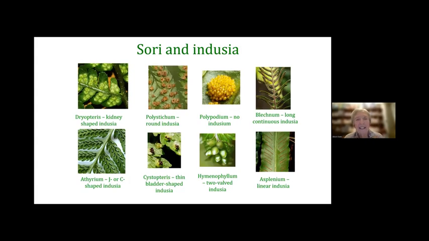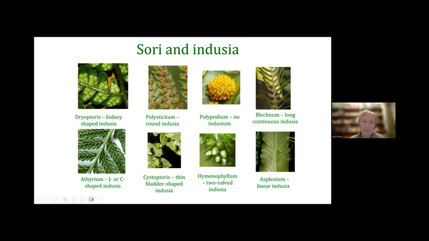And the indusia. We already looked at what are supposed to be called kidney-shaped indusia on a Dryopteris. It's a funny-looking kidney to me. And in fact, what it is, it's a round indusium that is attached below along a radius. So it's a sort of circle with a bit of a crack in it.